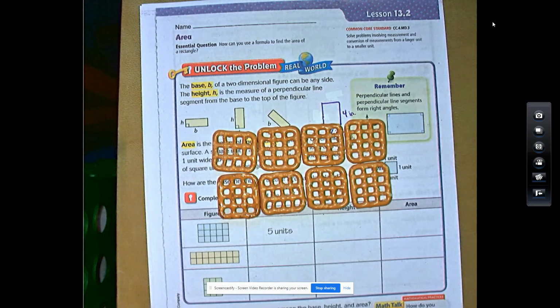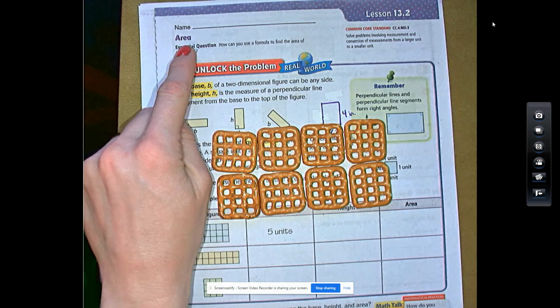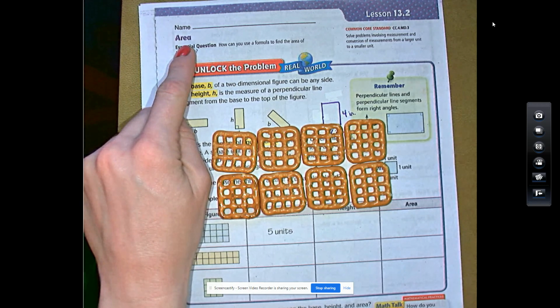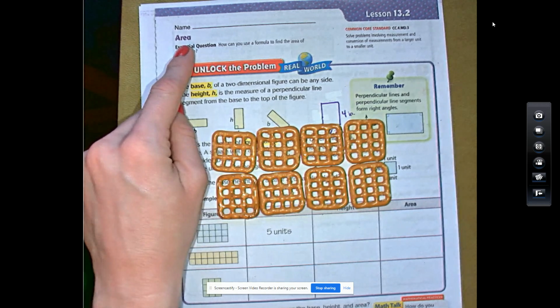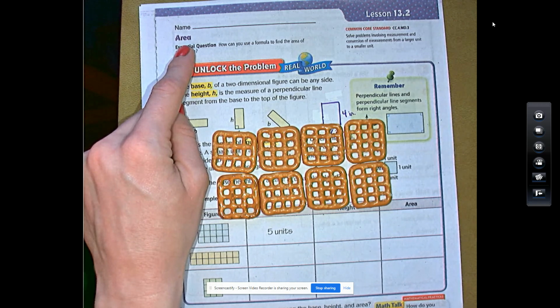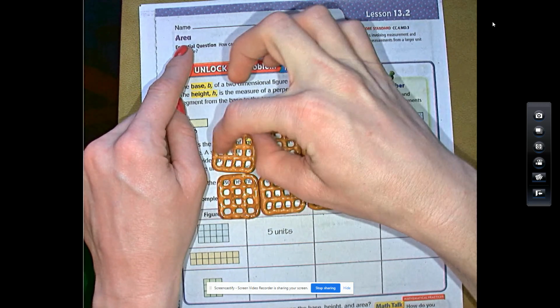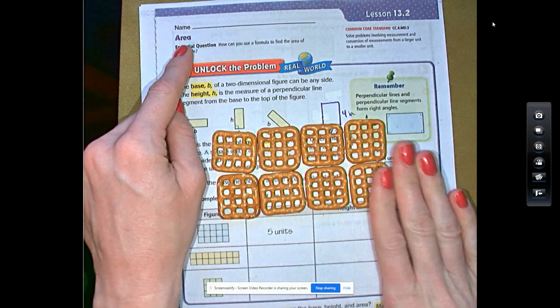Today we're talking about area. So we wouldn't be talking about inches anymore. Now they would be square inches. It's basically asking you how many square units, these pretzels are my square units, does it take to cover the area?